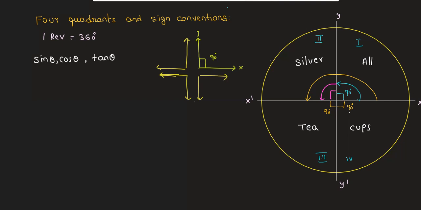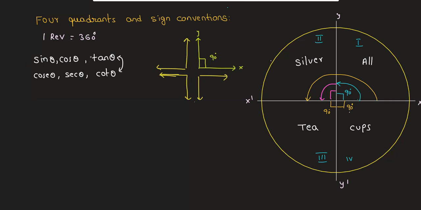And for them, the reciprocals are: for sine theta, cosecant theta; for cos theta, secant theta; and for tan theta, cot theta. These are reciprocals to one another.